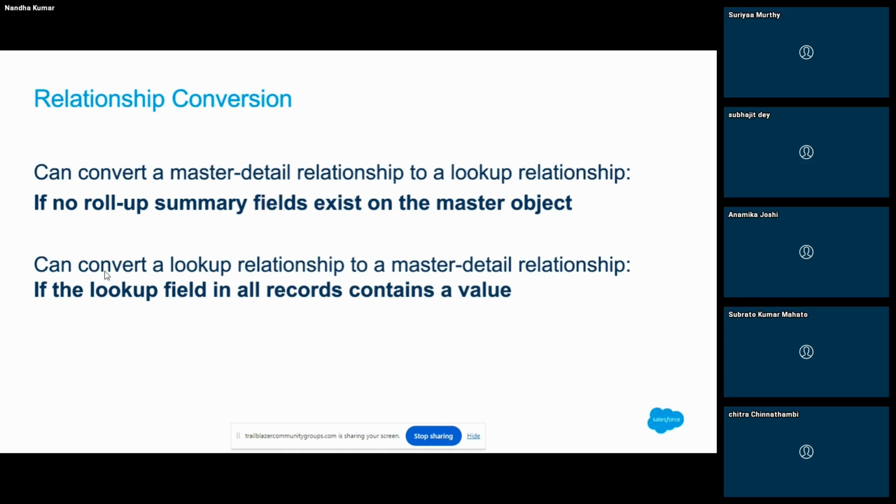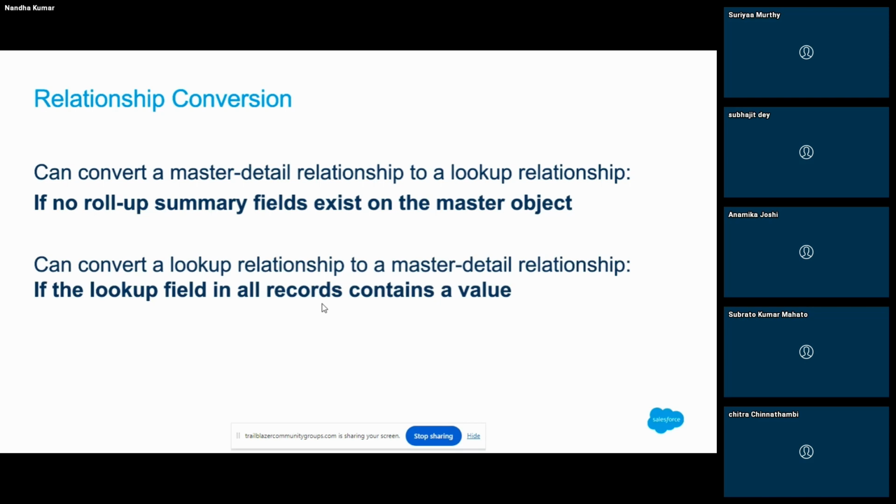You can convert a lookup relationship to master detail if the lookup field in all records contains a value. As I told you, in a master detail relationship all the child records should be mapped to a parent record, but in a lookup relationship it is optional. When you first create the lookup relationship between two objects, you may have created some records, and among them a few records don't have a parent mapping.